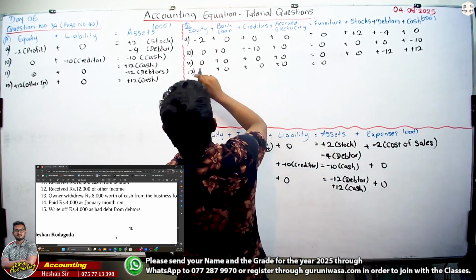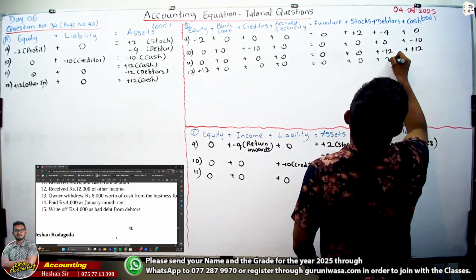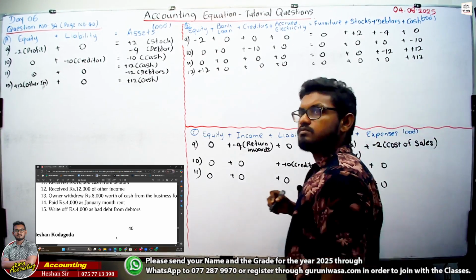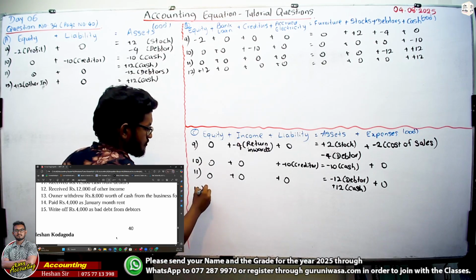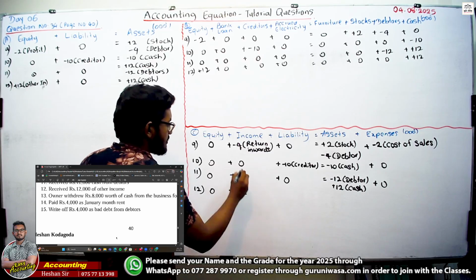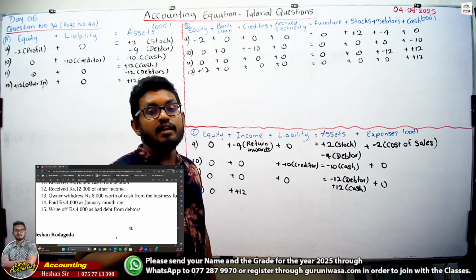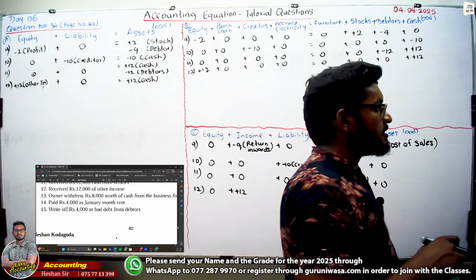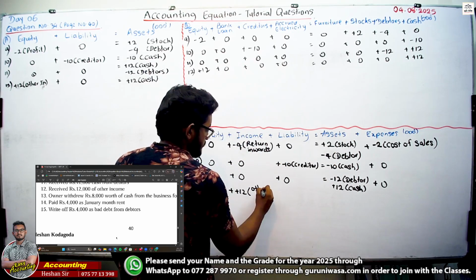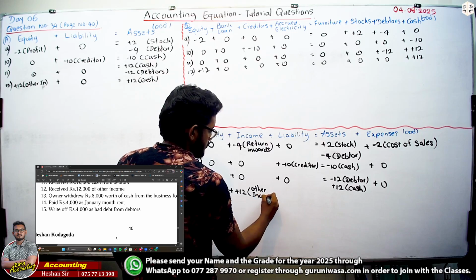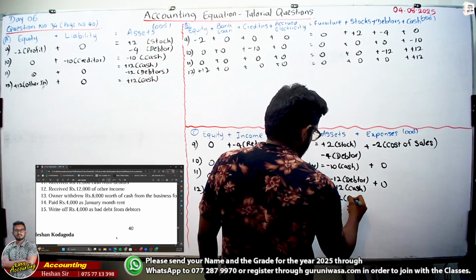Equity increase 12,000. Cash increase 12,000. Income increase. Just remember, in this formula, equity means only the capital, additional capital and the drawings. Understand? Every other thing goes to income and expense separately, right? Other income. Asset increase 12,000 as cash.